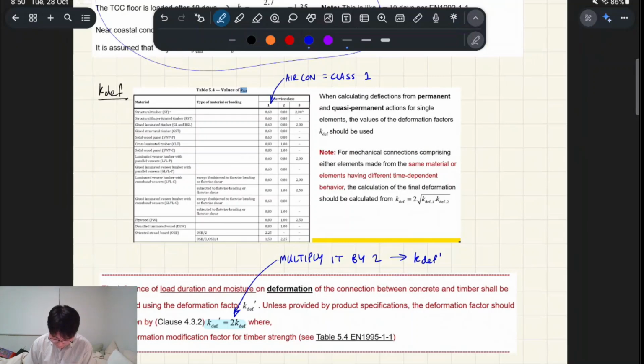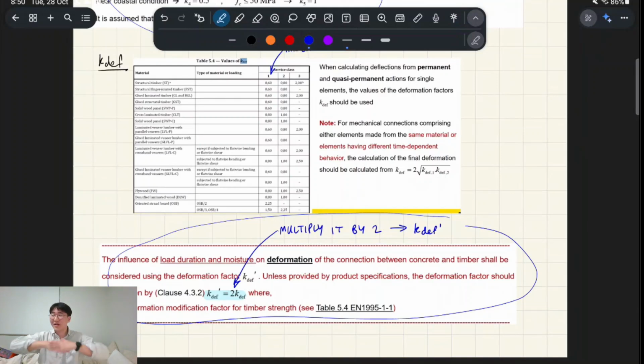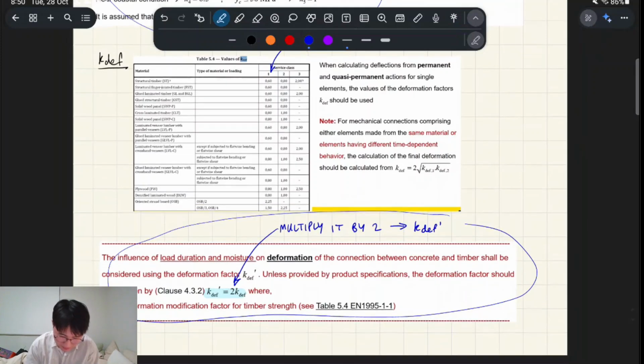And basically, when we're considering the influence of partially composite timber concrete composites, we have to use this thing called K def dash, right? Which is literally just multiply by 2. Multiply whatever creep constant you had by 2. That's the rule.